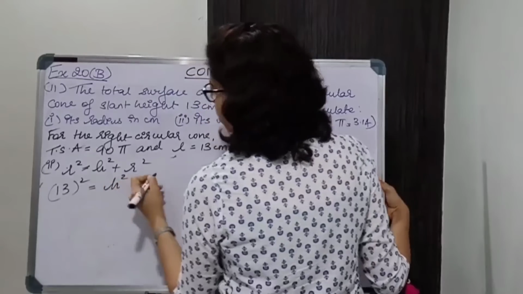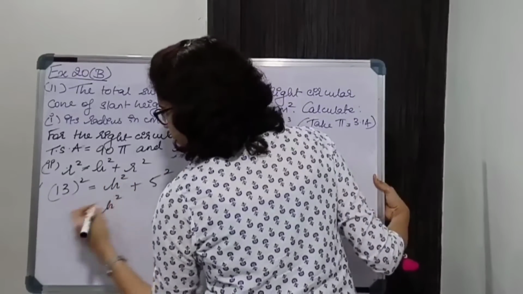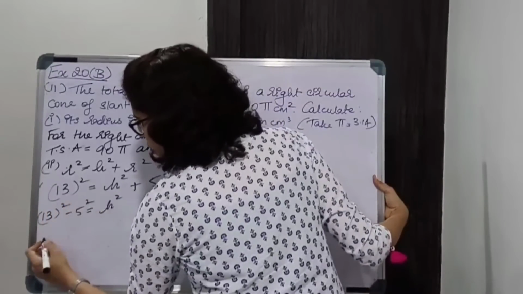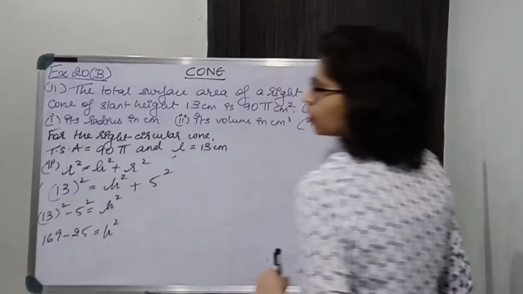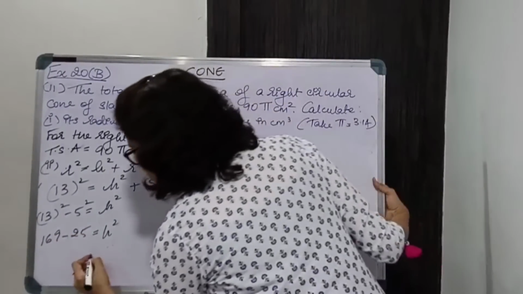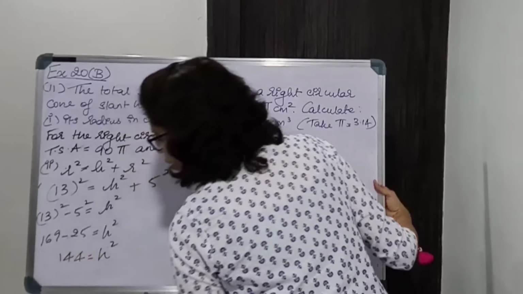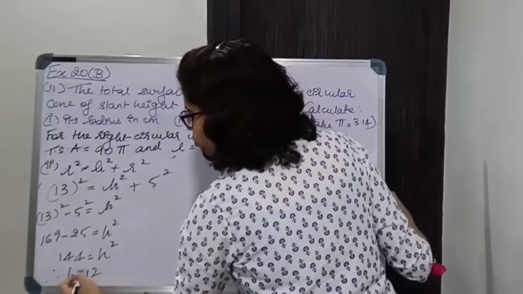H we don't know, plus R we just got 5. Okay, H square is 13 square minus 5 square. This is 169, this is 25. This gives 144. Therefore H is 12, taking square root on both the sides.